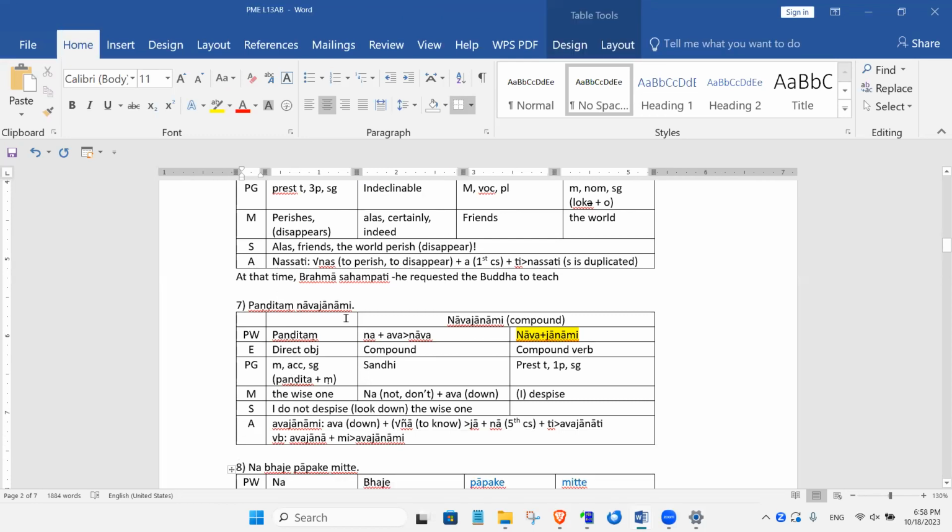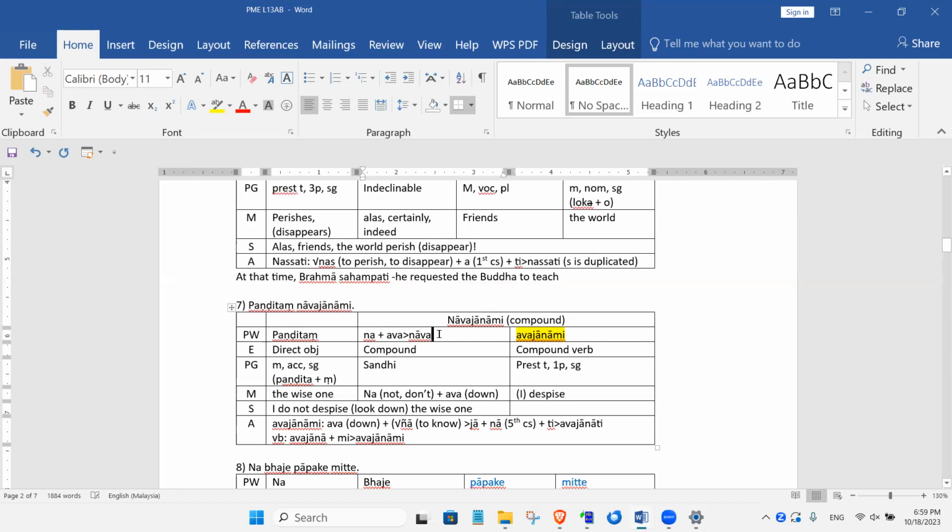So panditam. So subject is me. All right. I do not despise the wise one. So direct object panditam. So na plus avajanami become navajanami. Right. So I think this one you no need to write. Okay. So I should not put like this. So should put the ava here. Okay. Ava is better put here.